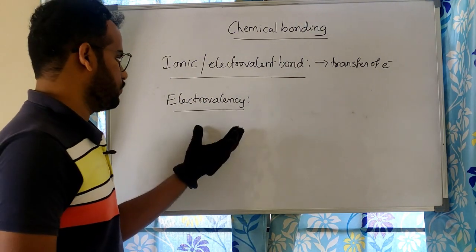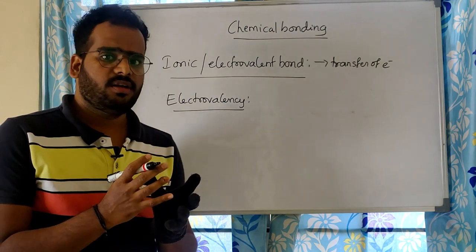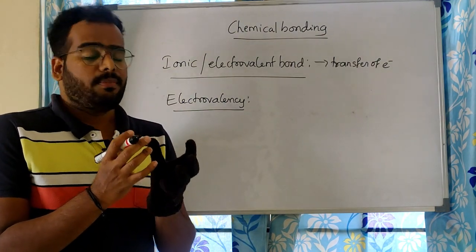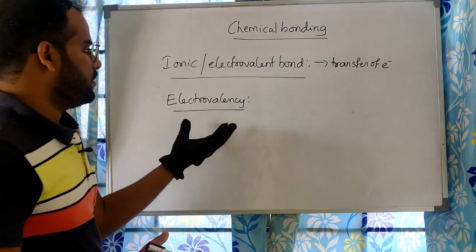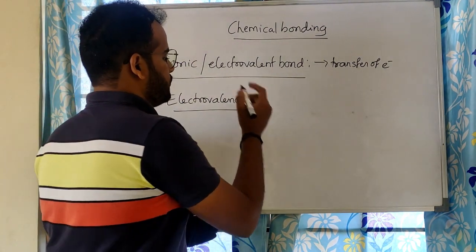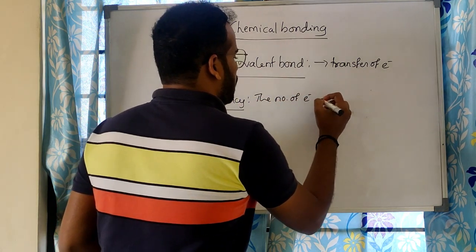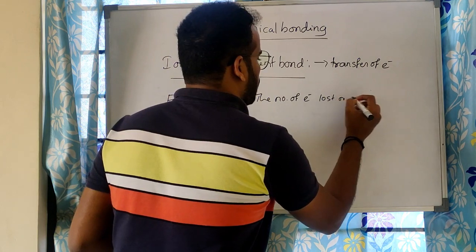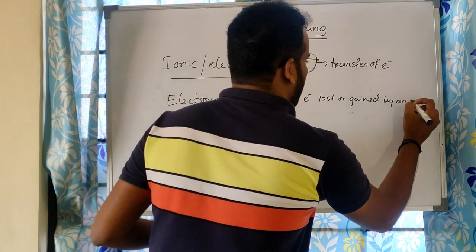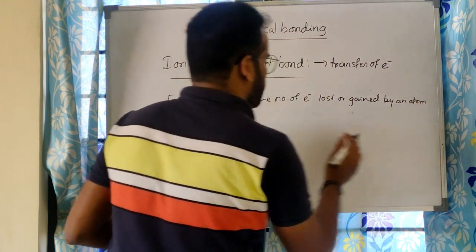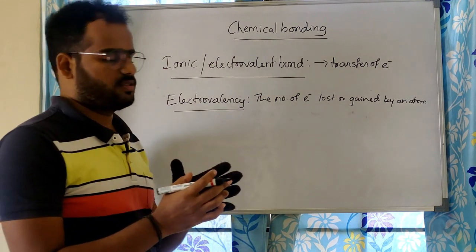Next point is electrovalency. You know already valency, right? Valency is nothing but the combining capacity of an atom of an element. When you come to electrovalency, from now onwards you have to say that it is the number of electrons lost or gained by an atom, and since losing or gaining of electrons is there, we usually show a plus or minus charge for that.